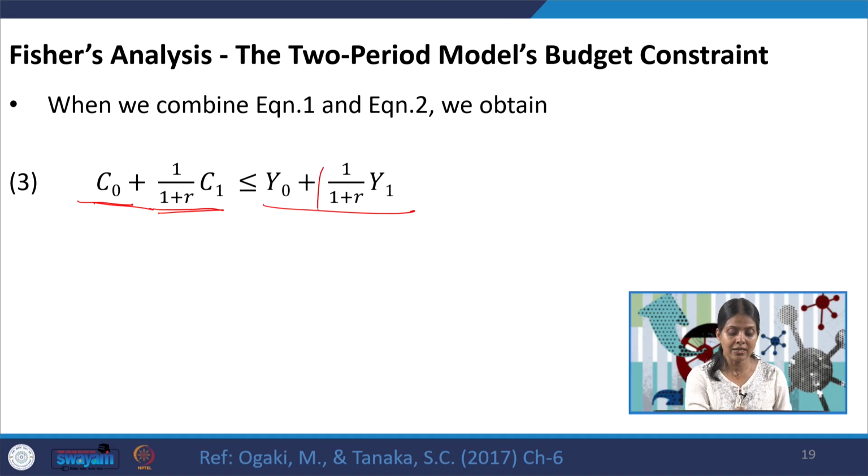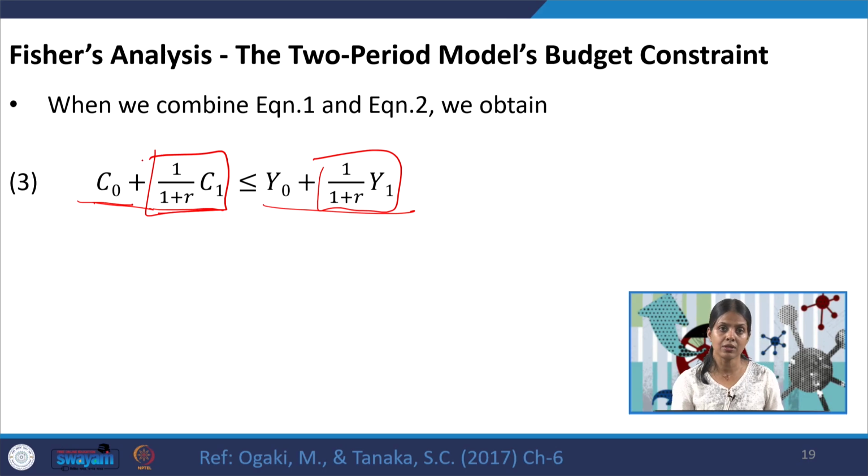Now, what does it imply? This is basically the present value of future consumption and the present value of future income. Why is this so? Let us consider, this is pretty simple, maybe some 10th-12th standard mathematics, that I have 100 rupees, I lend it to someone at an interest rate of 10% for, say, one period, it could be 1 day, 1 month, 1 week, whatever.